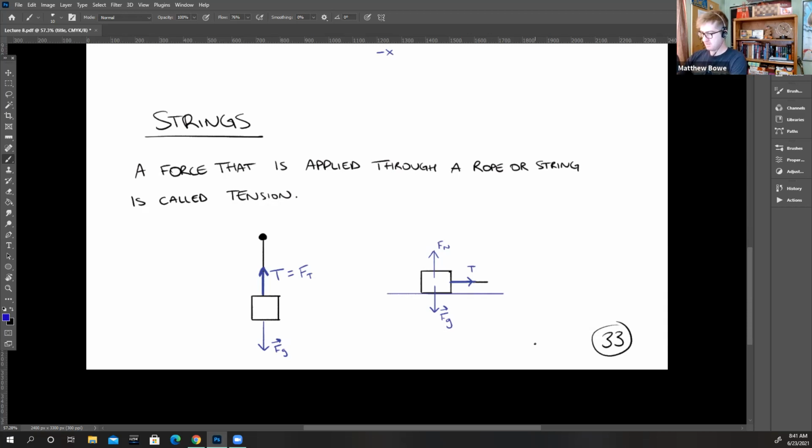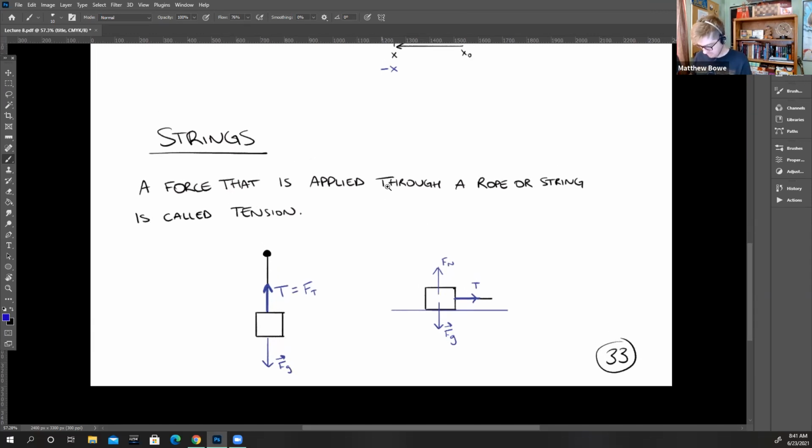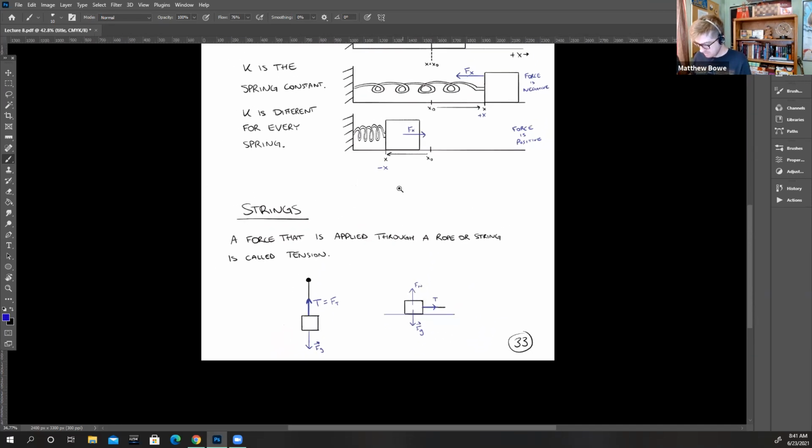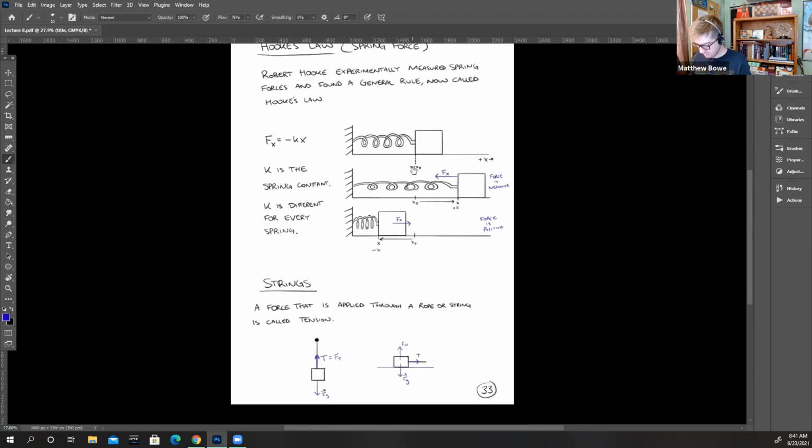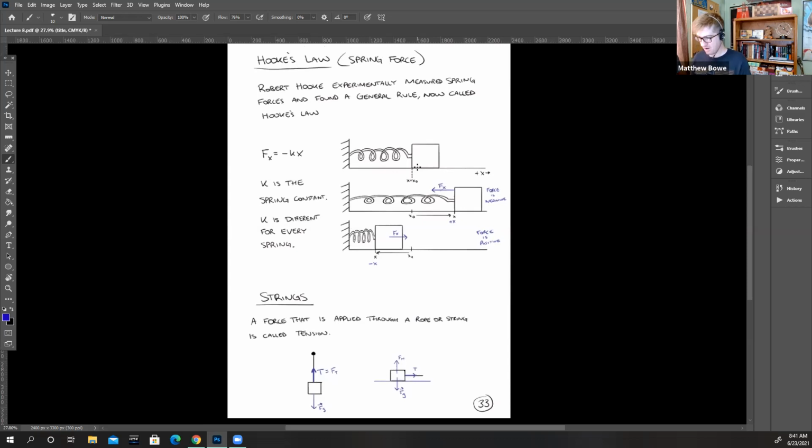All this leads to the next big point, or the next page, where, let me see if I can back out of this. You can see there are a lot of individual little pictures that I've drawn, and I've also drawn a lot of arrows for forces.